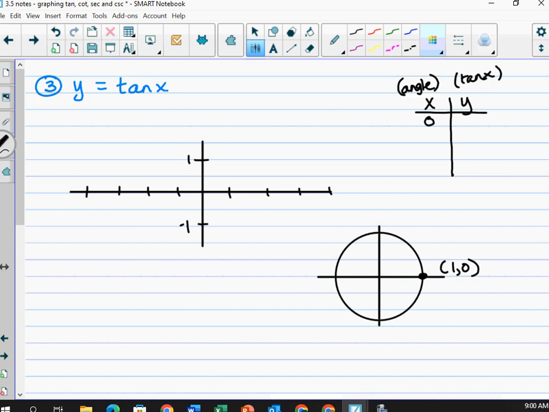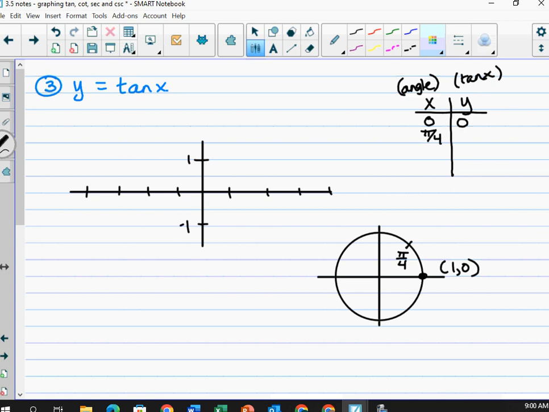Y over x. 0 divided by 1 is 0. All right. I'm not going to jump all the way up to pi over 2. I'm going to actually go to pi over 4.